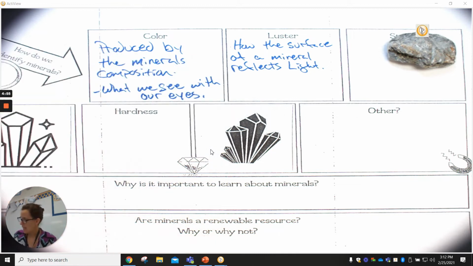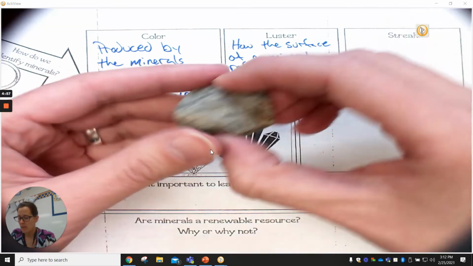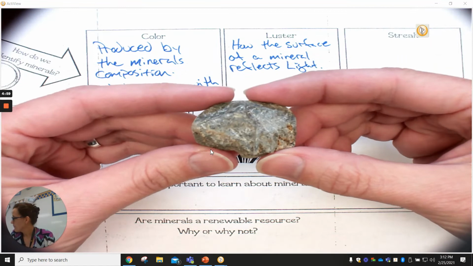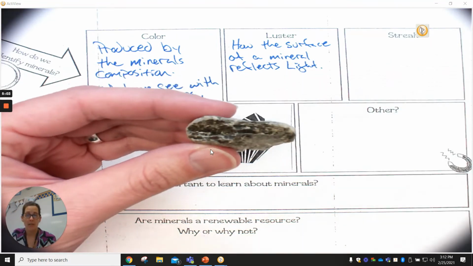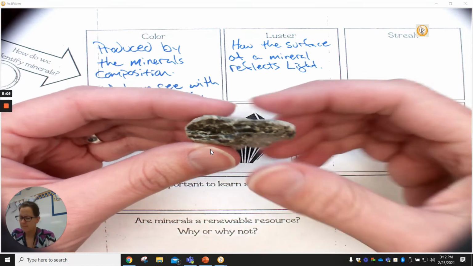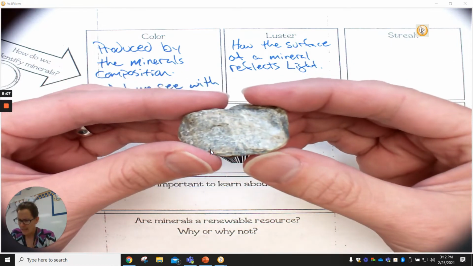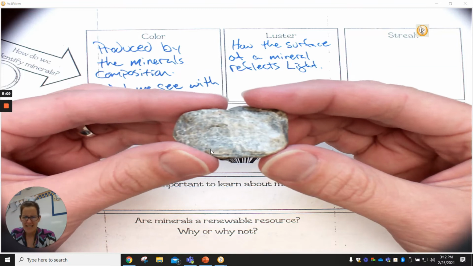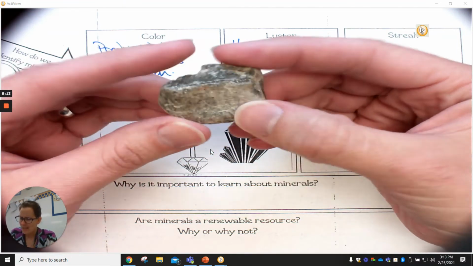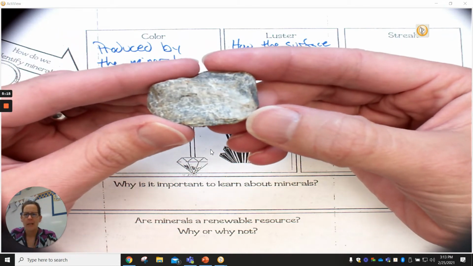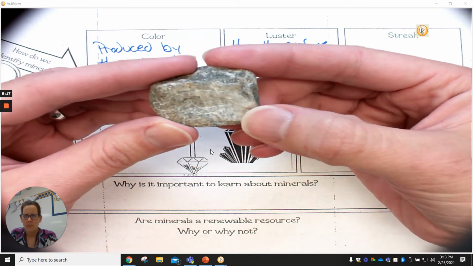Okay, I'm going to put that one back, and let's look at the talc again. It is non-metallic, so that would be the first part of its description for luster. And then I would say kind of waxy, and I say that because I see it and I can kind of feel it. So I would say this talc is non-metallic and waxy.